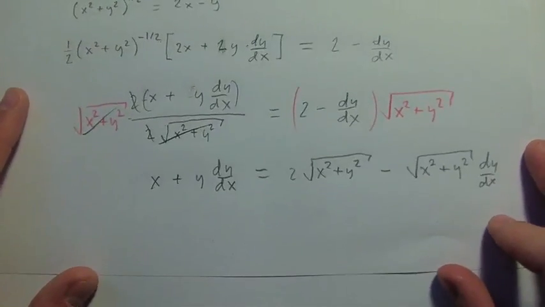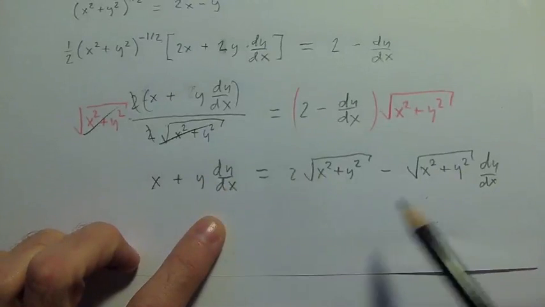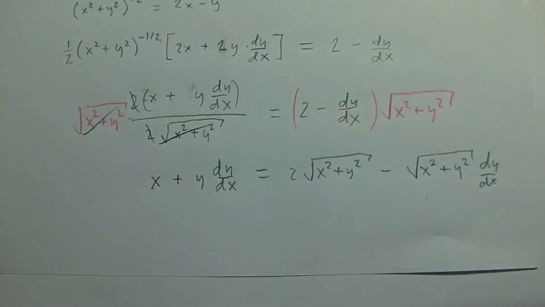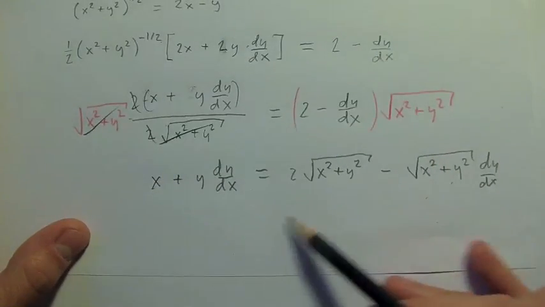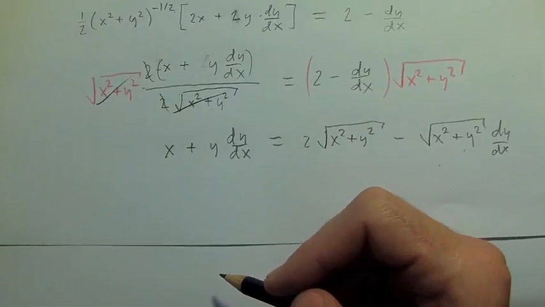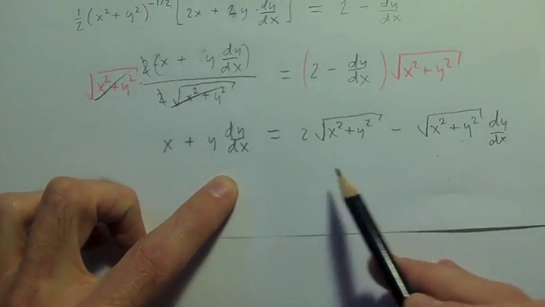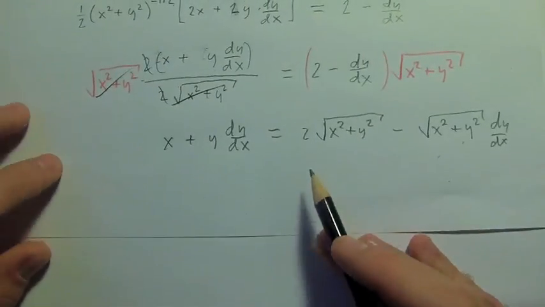Okay, now I'm ready to rock and roll. I've just got to move things around and factor, divide, all that fun stuff. So I'm going to move this thing over here and the x over here. Okay. And to show you how I do this and factor in the same step, when I move this over, I know it's going to be a plus square root of x squared plus y squared.